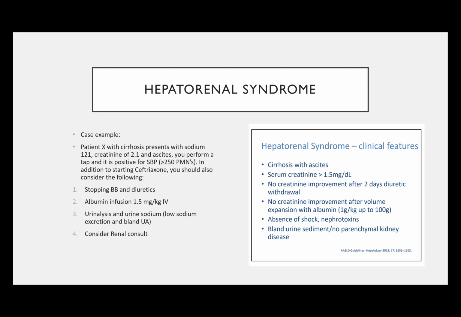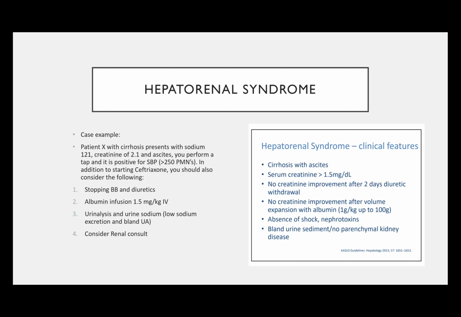First thing you're going to do is stop any beta blockers, stop the diuretics. And if after 2 days of stopping the diuretics you still don't see improvement, that is usually a red flag that you're in HRS territory. And usually around that time, we'll start albumin then.